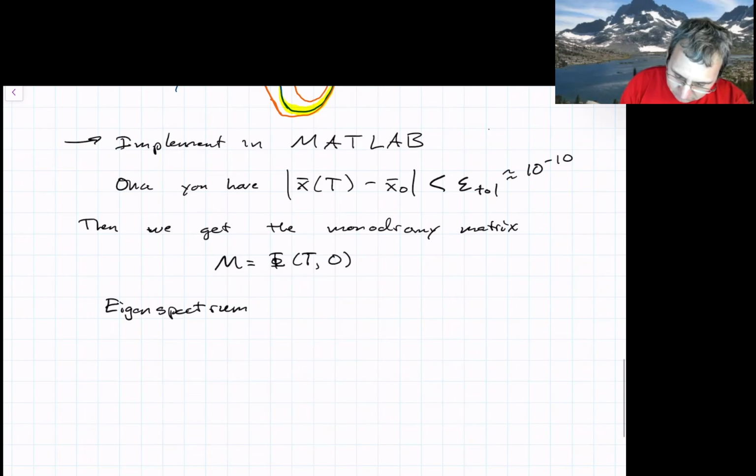In the eigenspectrum, there's going to be an eigenvalue 1 that has a corresponding eigenvector that is the tangent to the orbit. So it's just the direction along the orbit.